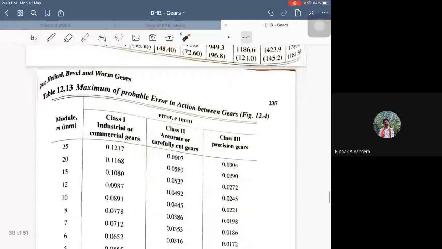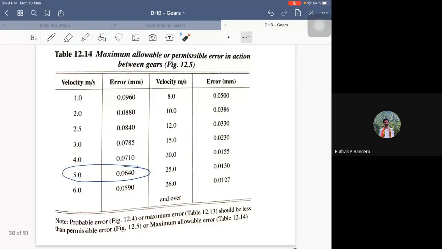procedure you need to follow to calculate your value of C. Okay, first go for here. Now what is our velocity? I think it is something above 40, isn't it? 41 or 42 something. Yes or no? So if it is above, the last possible error that you can get is 0.0127.